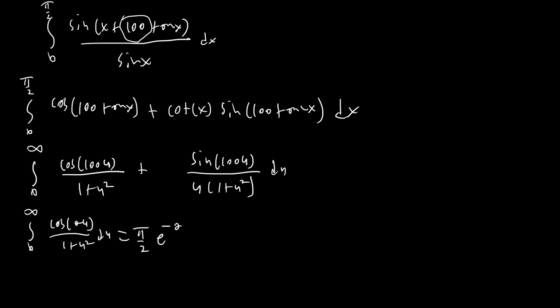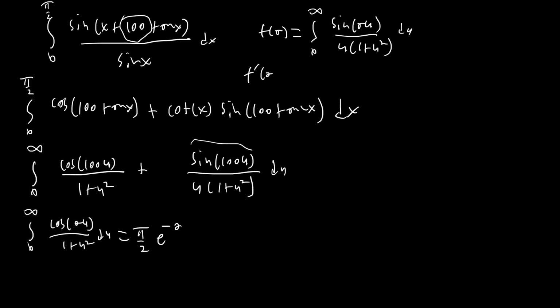And so that actually helps us to evaluate this other one right here, because if we let f of a equal the integral from 0 to infinity of sine of au over u times 1 plus u squared du, we get that f prime of a is equal to the integral from 0 to infinity of cosine au over 1 plus u squared, because that u cancels from the chain rule, which is just pi over 2 times e to the negative a.